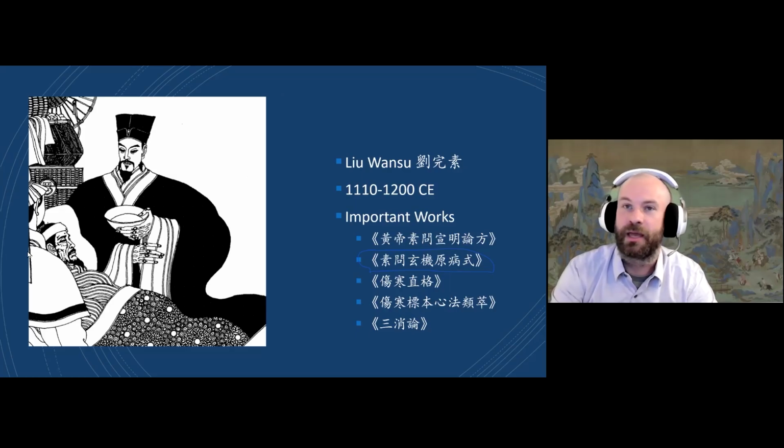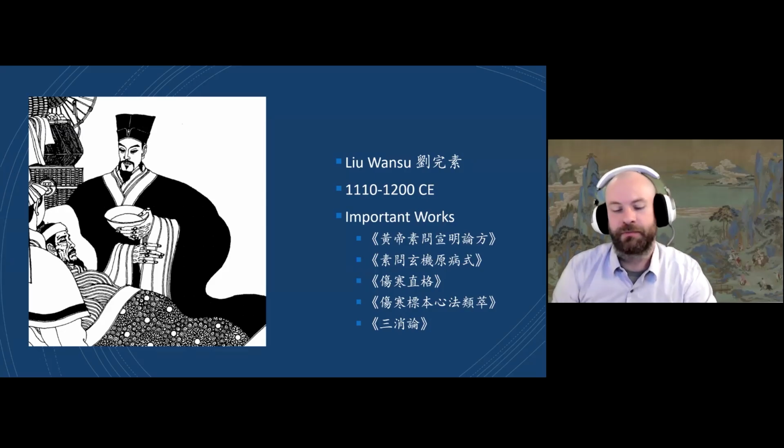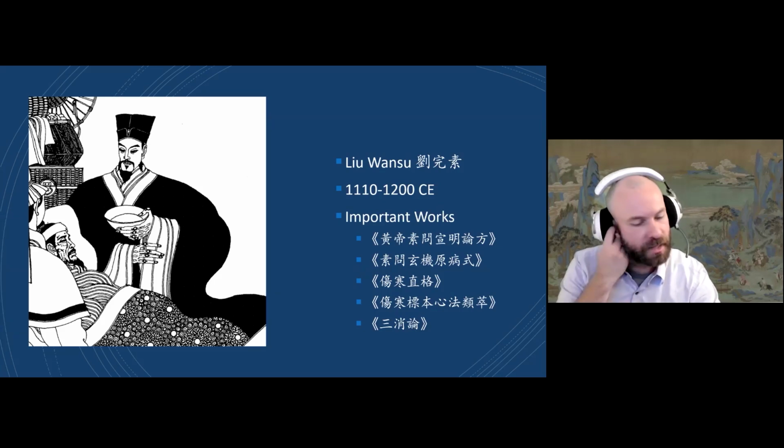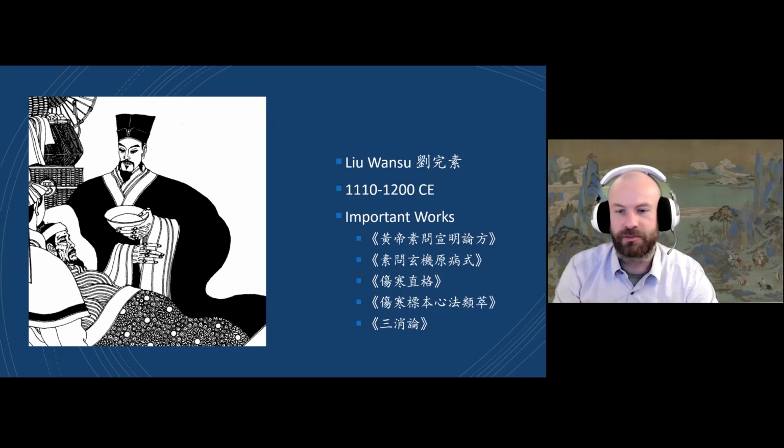He found that at the time he was writing, a lot of the formulas generally focused on warming and heating. So he came up with some ideas of how to cool the body in certain ways.